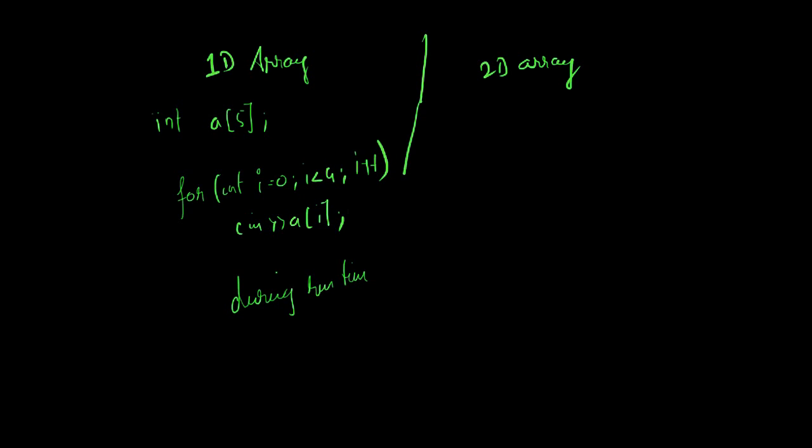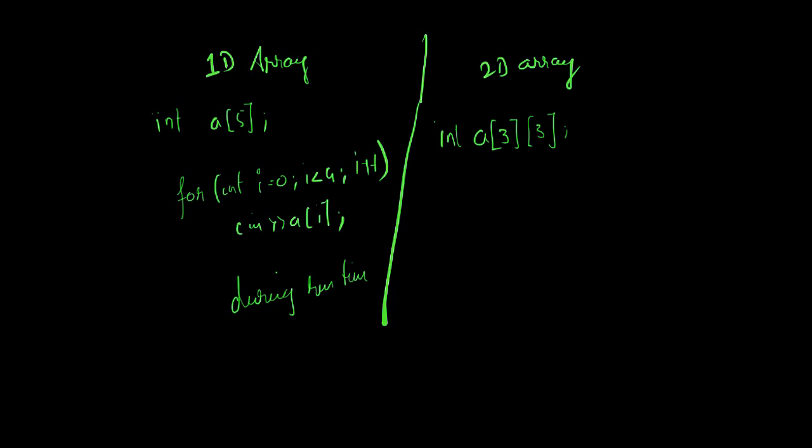In the same way, how do we get a value of a two-dimensional array using a cin statement during runtime? Before getting any value, I have to declare it. So I give int a of 3 and 3.